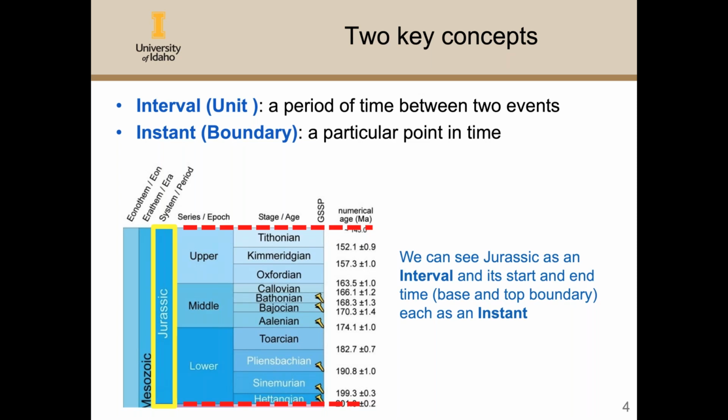If we only look at the Jurassic, you can see the start and the end of Jurassic, each of them is an instant, in other words a boundary or a point in time. And Jurassic itself you can think of as a period of time. It has a start, it has an end, and it has a duration. So you can see geological time is also time, and we can apply those two key concepts, two top classes, to the geological time structure.